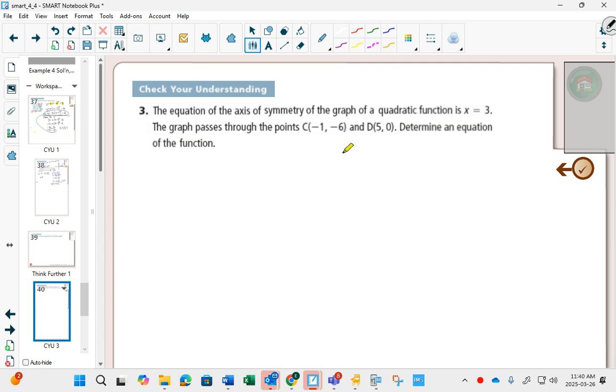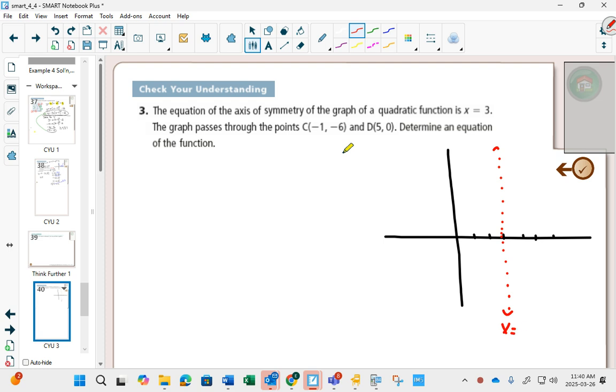First thing I'm going to do is just write down everything that they told me on my graph. I know that my axis of symmetry, so I'll take out my red pen, I know that that's at x equals 3. And I know my graph goes through the point (5, 0).